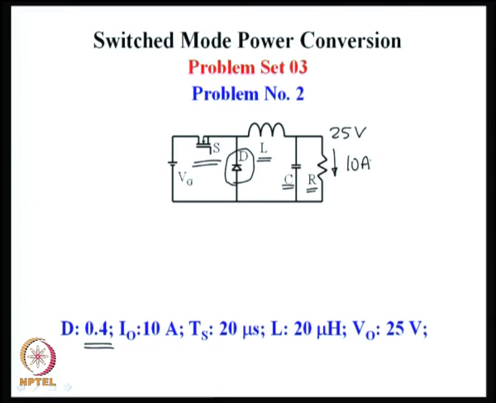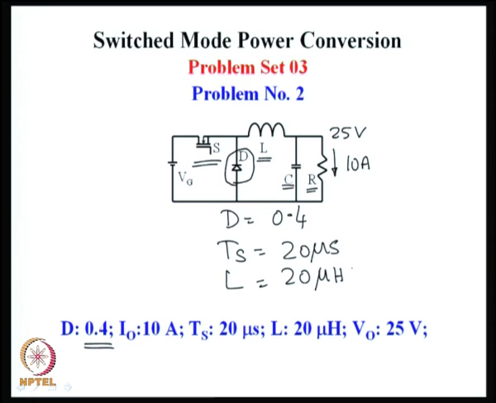The duty ratio D is 0.4, the switching period is 20 microseconds, and the inductor used in the circuit is 20 microhenry. This is the non-isolated converter, and we wish to find out several quantities relating to the operating performance of this converter.